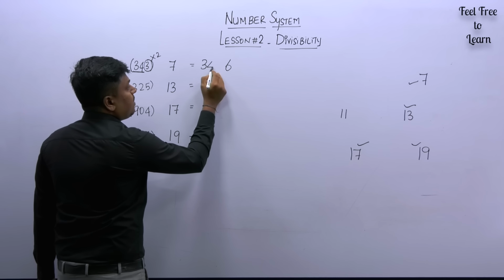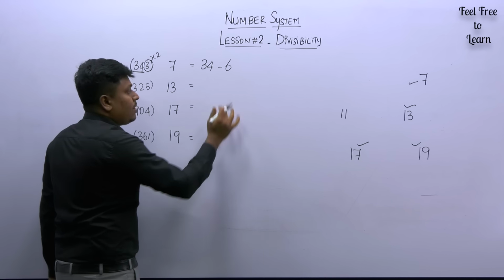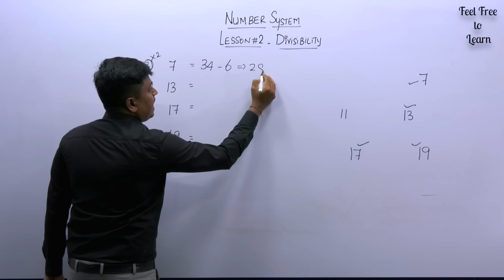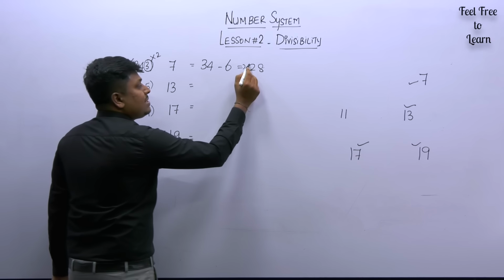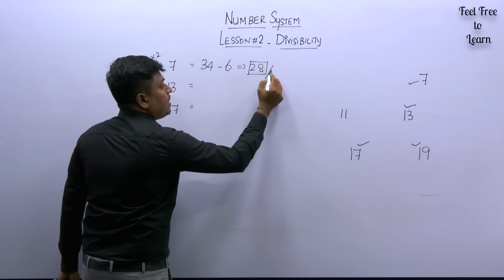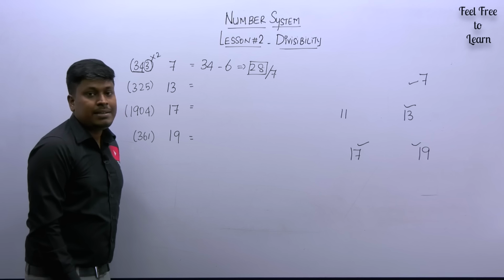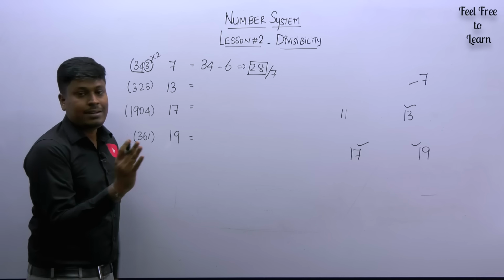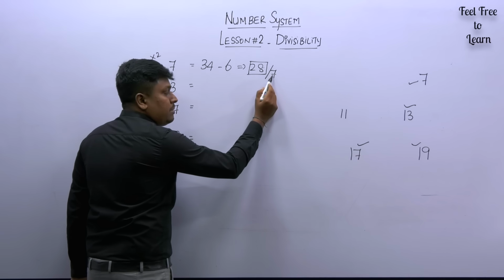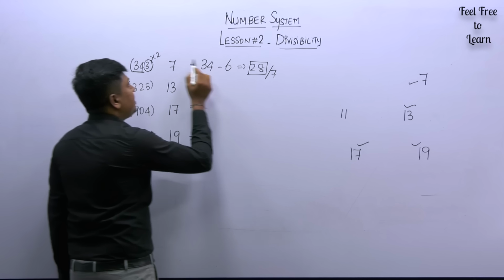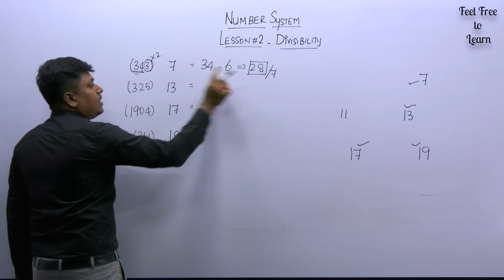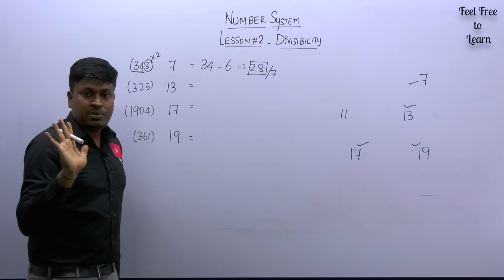So you need to subtract the 6 from 34. The resultant will be 28. Now is this 28 divisible by 7 or not? Yes, it is divisible by 7. 7 fours are 28. So if 28 is divisible by 7, then we can say that the complete 343 will be divisible by 7. So friends, understood?